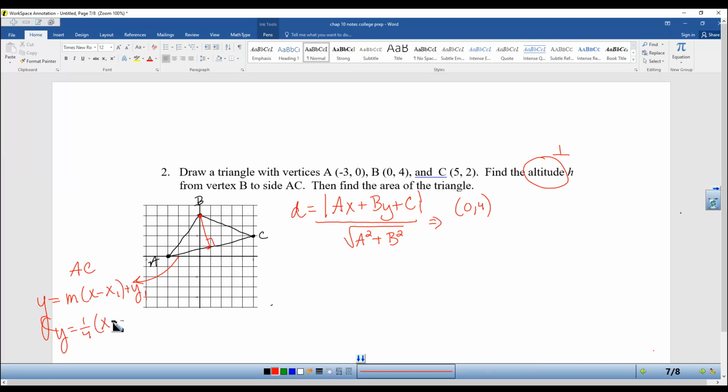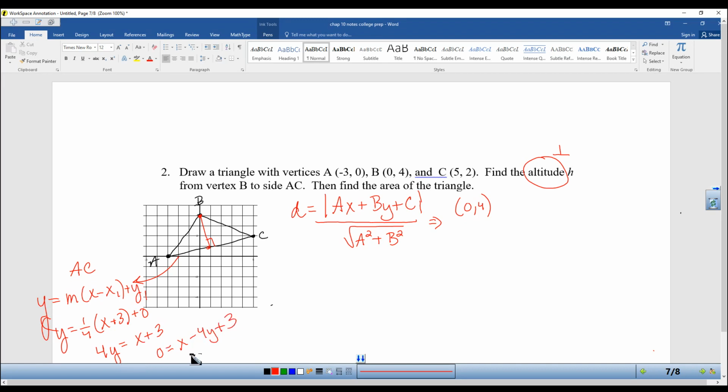And y minus 0 equals 1/4 times x minus, now I could pick the (5, 2), but I'm going to pick the (-3, 0) because it has a 0 in it. So x minus negative 3. But remember, this format's no good. Luckily, you know how to clear fractions. I'm going to multiply both sides by 4. And then I'm going to put everything onto one side. 0 is equal to x minus 4y plus 3.